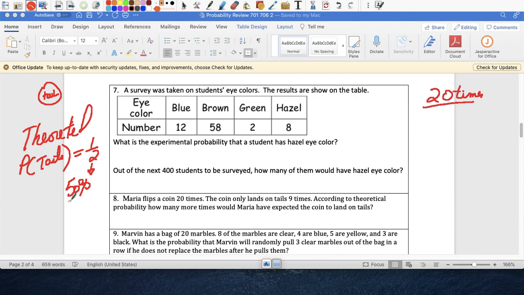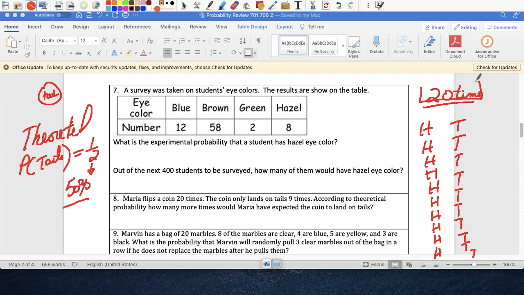If it's 50%, you're going to say it's going to be heads, heads, tails, tails. So if you're going to throw the coin in the air 20 times, you're going to think it's going to be 10 heads and 10 tails, right? That's what you think it's going to happen.